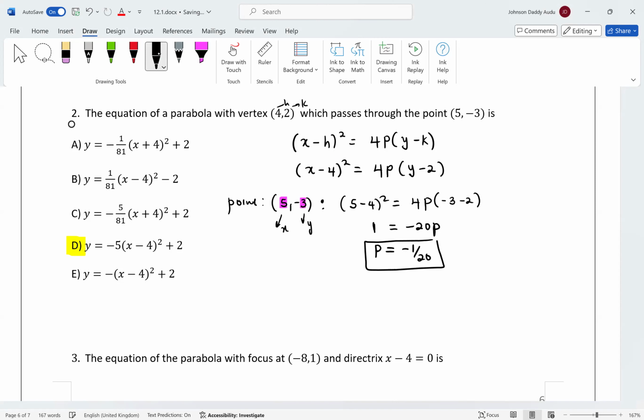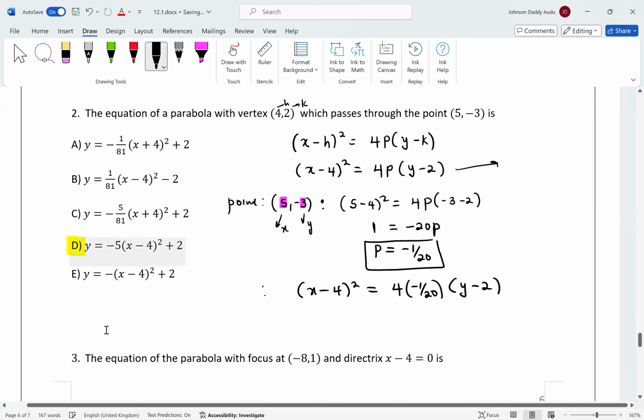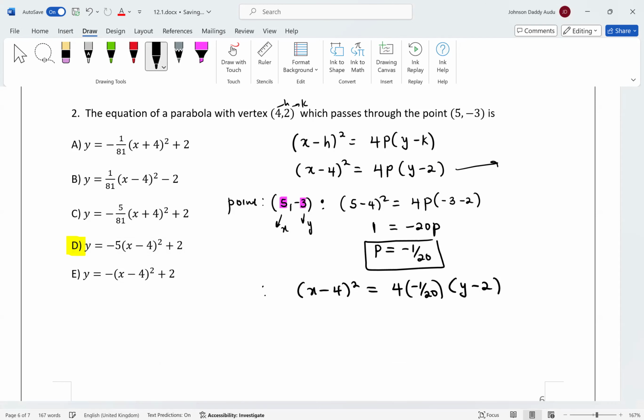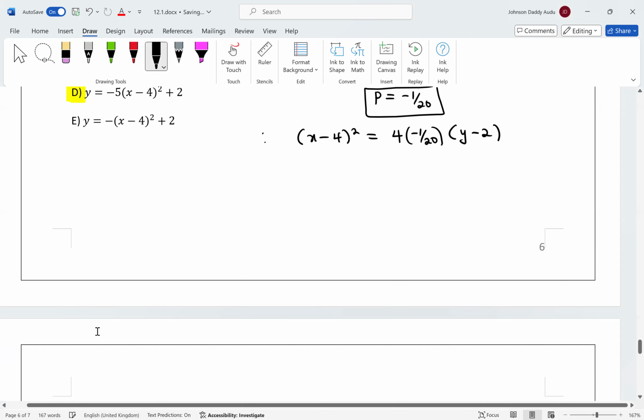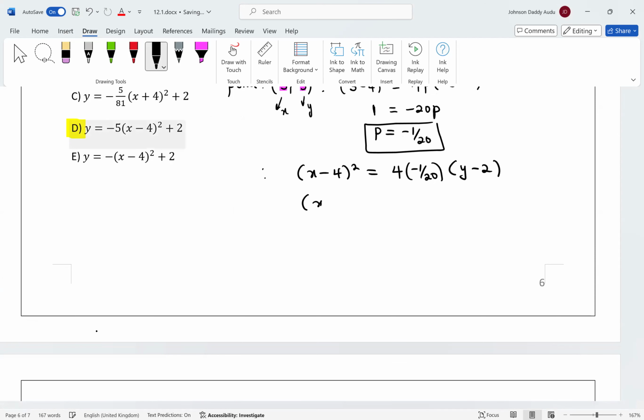So if you go back and plug it into this equation now, it means we will have X minus 4 squared is equal to 4 times minus 1 over 20, then Y minus 2. This will cancel, so you have X minus 4 squared is equal to minus 1 over 5, Y minus 2.